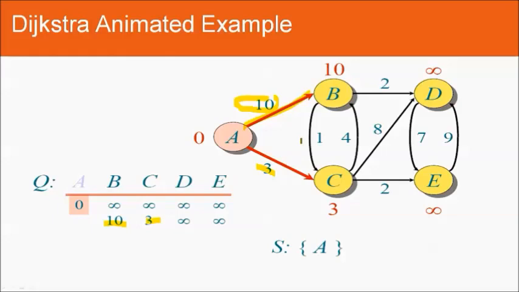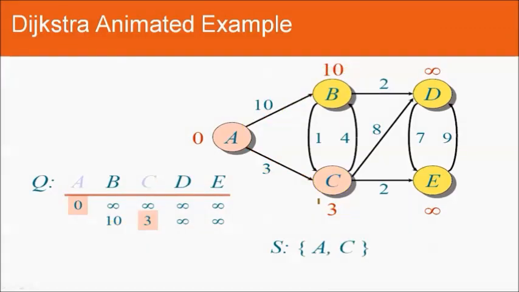Since we have a weight of 10, the 10 transitions to vertex B. That's why 10 is passed to this vertex. While from vertex A to vertex C, the 3 transitions to vertex C. That's why we have passed the value of 3. Okay? Next. Again, we have 10 and 3 here for B and C.